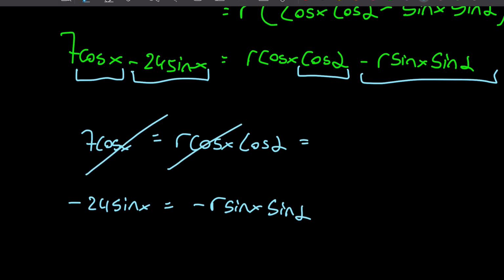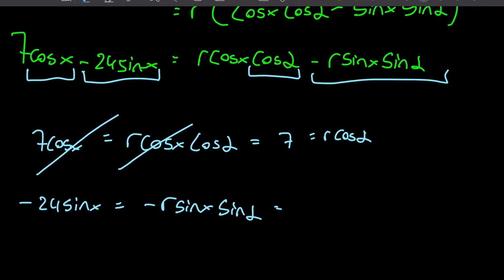So we'll have 7 is equal to r cos alpha, and in the second one we cancel out the sines. We have -24 is equal to -r sin alpha. Okay, and we can just cancel out the negatives because both of them are negative and just say it's positive, okay? Because if you multiply it by -1, you'll just get this, and it's completely fine.